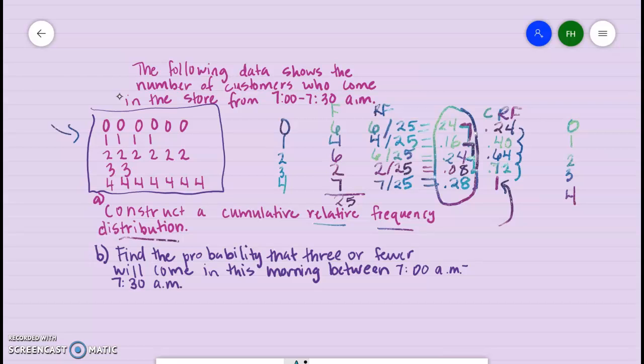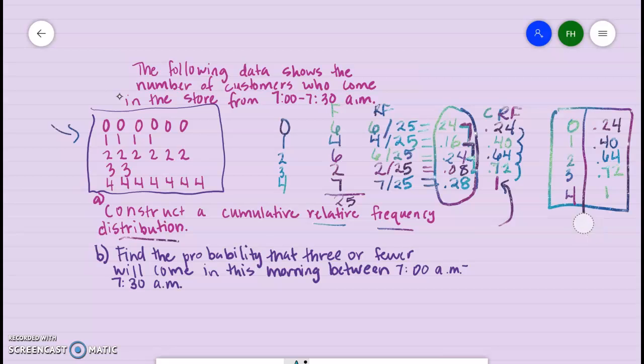And if I just wanted the cumulative, you would just put the cumulative. You wouldn't have to put the relative frequency. But I like to put the relative frequency because it helps me understand how to get the cumulative relative frequency. So here's your cumulative relative frequency distribution table.